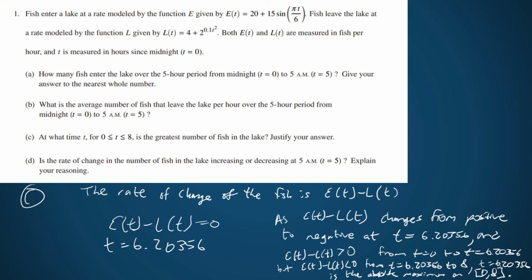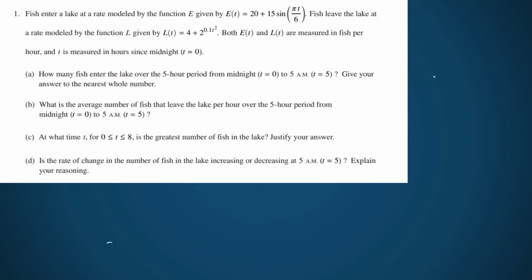Any questions on A, B, or C? No. Okay, D. I want to know, is the rate of change of the number of fish in the lake increasing or decreasing? And explain the reasoning.